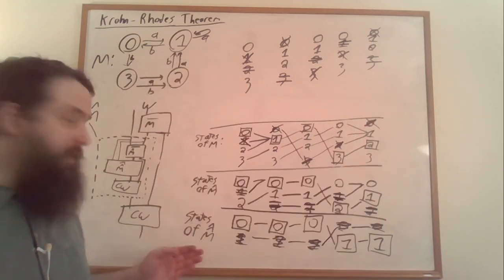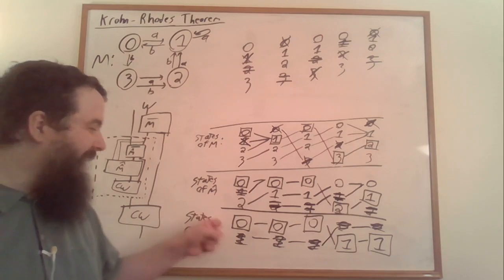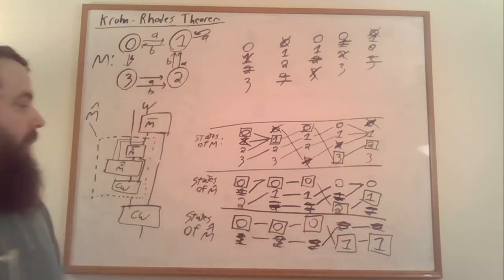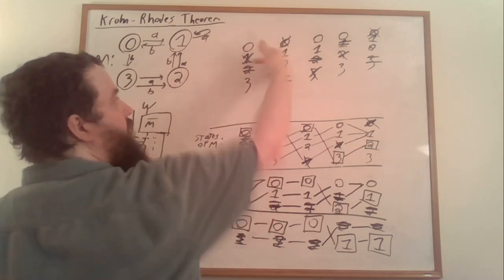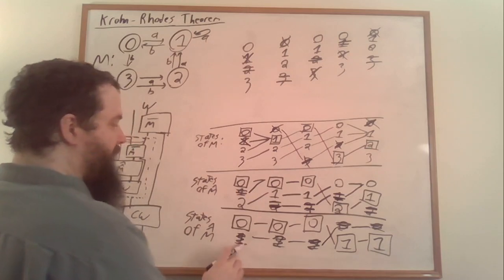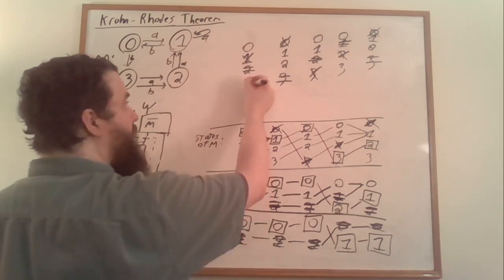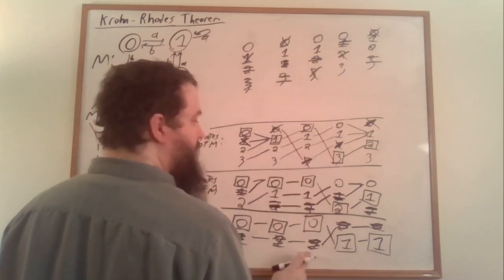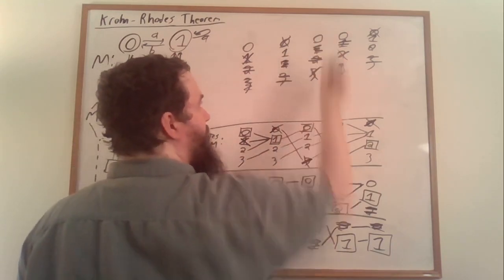And then finally, the states of M hat hat bar, which are the things we crossed out here, tell us of the remaining two states which ones to cross out. So this tells us to cross out the second of them. This tells us to cross out the second of them. This tells us to cross out the second of them.